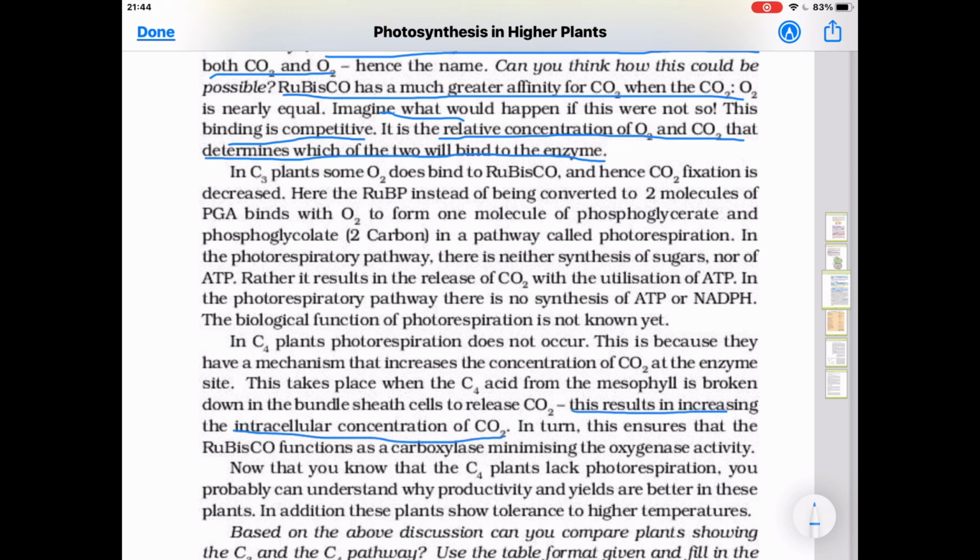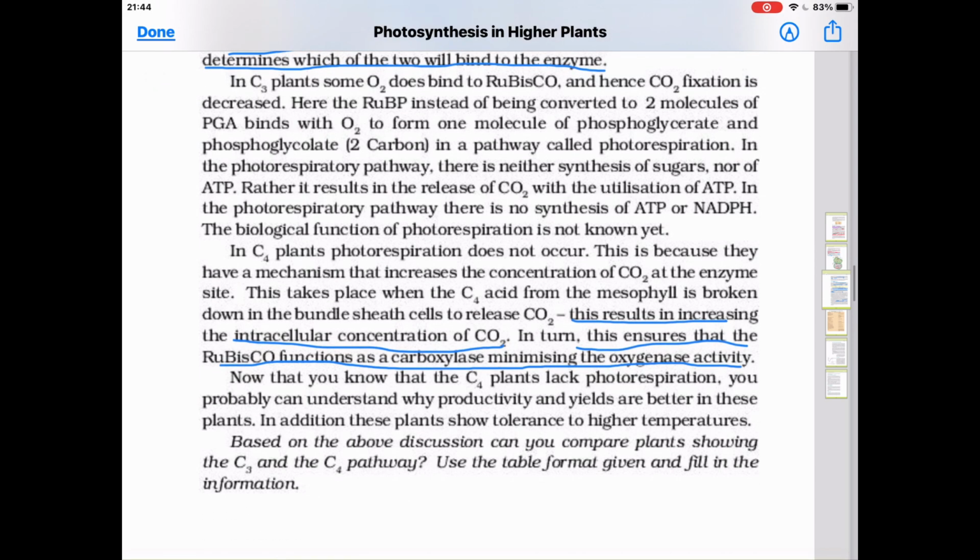So it combines with RUBP and 3-phosphoglyceric acid is formed, that is, the Kelvin cycle occurs there. In turn, this ensures that the Rubisco functions as a carboxylase, minimizing the oxygenase activity. In the bundle sheath, the RUBP combines with carbon dioxide and behaves like carboxylase because the concentration of carbon dioxide is more.